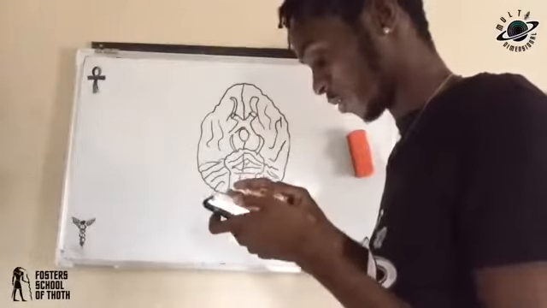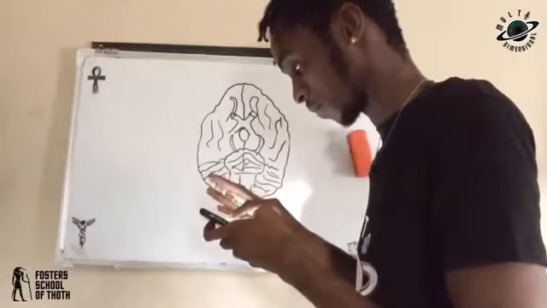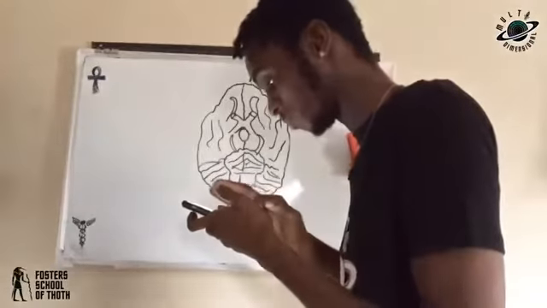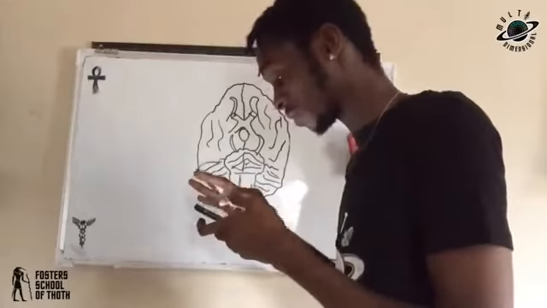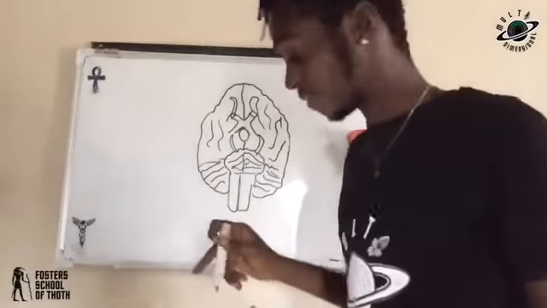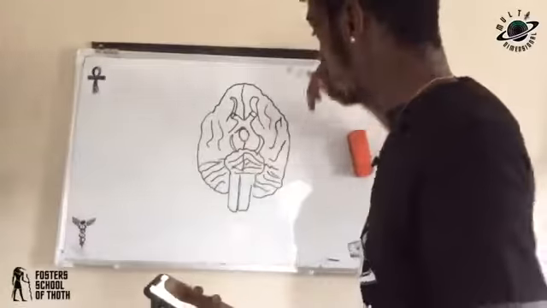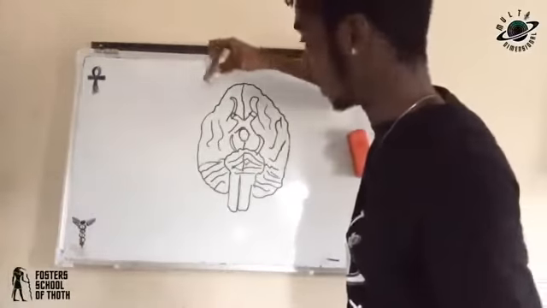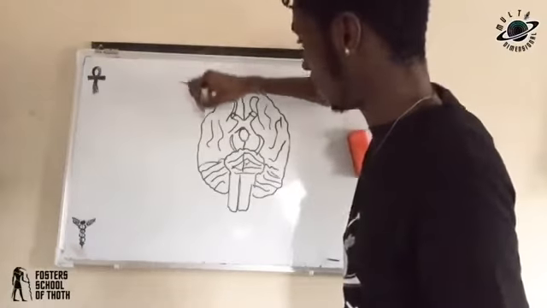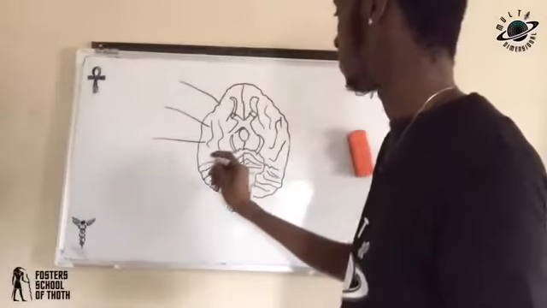So the 12 cranial nerves, right? Now we must understand that I'm going to tell you what the 12 disciples are. I'm not just going to point directly to the location, but let's just say the 12 cranial nerves are here, like this.